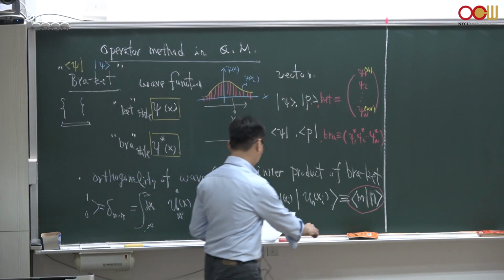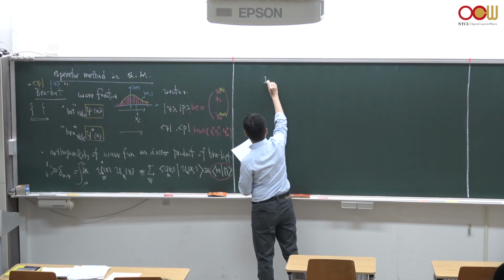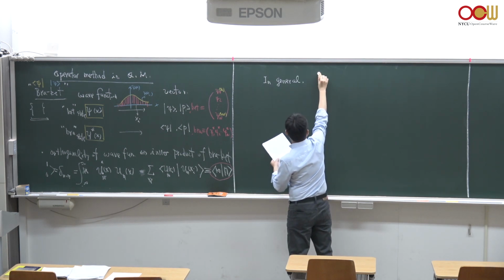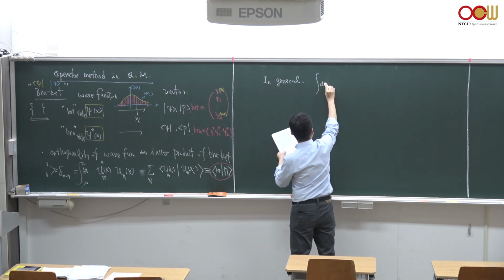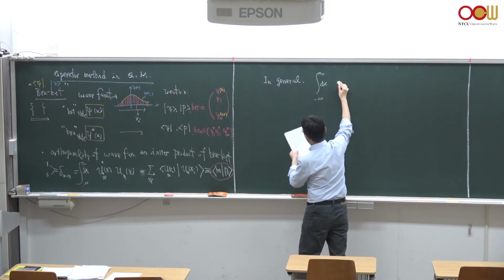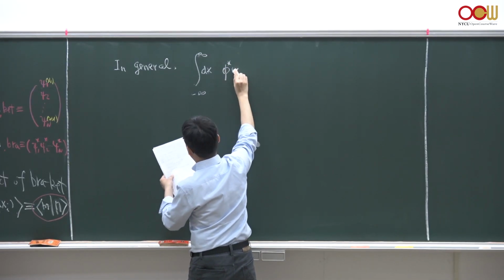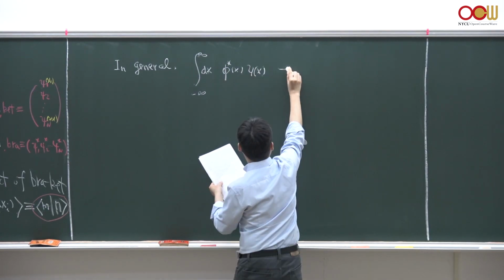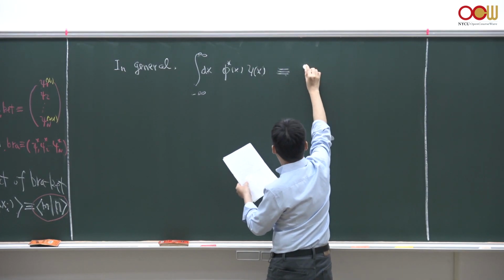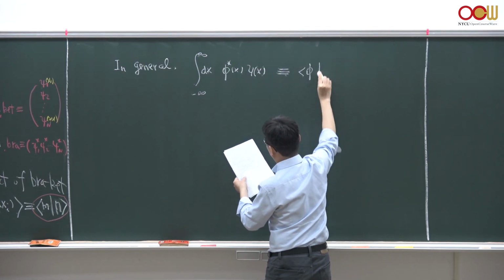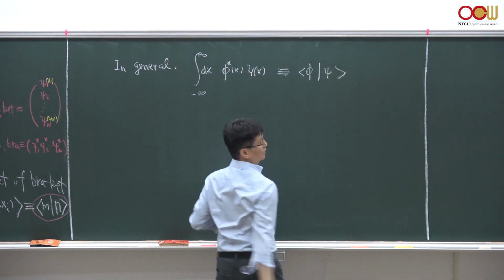And you could generalize this idea to consider the inner product between any two different arbitrary wave functions. You could consider the overlap integral between, say, phi and psi, and you can define this by using Dirac bracket notation. It's just this.